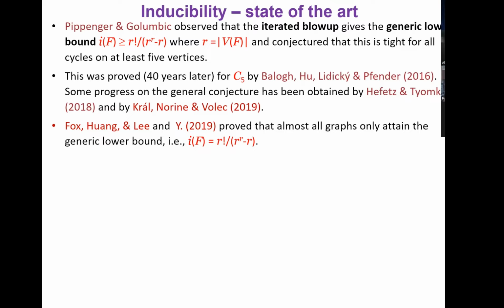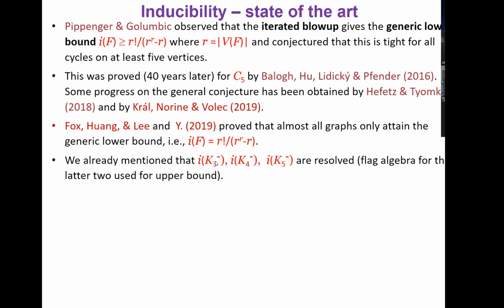And now think of r as going larger and larger, so this is a typical graph. The result says that for almost all graphs, namely the random graph on r vertices, the iterated blow-up construction usually attains this bound, and you cannot do better than this. Okay, so this is a result.